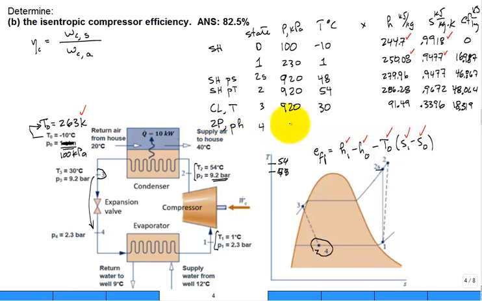It drops down to 230 kilopascal, and the enthalpy is 91.49, constant H through that expansion valve. That allows us to calculate the quality. The quality comes in at 0.248, about 25% is already vapor.